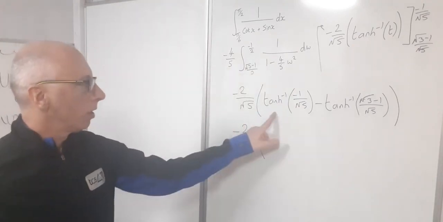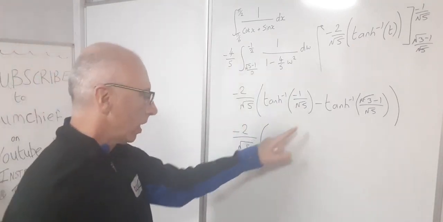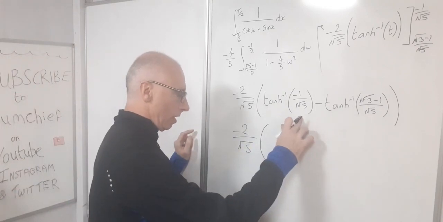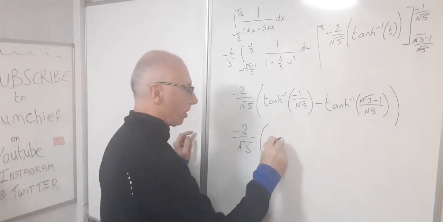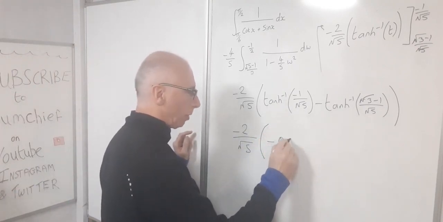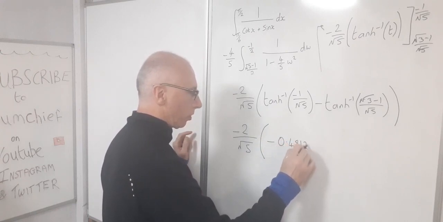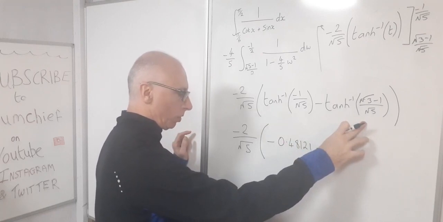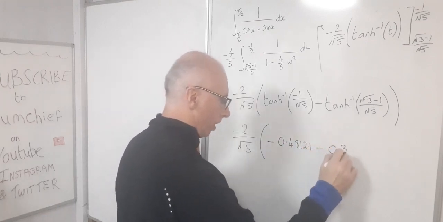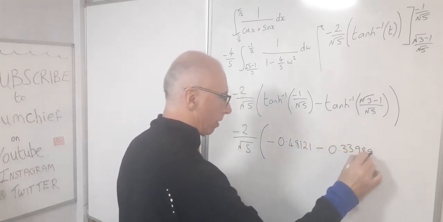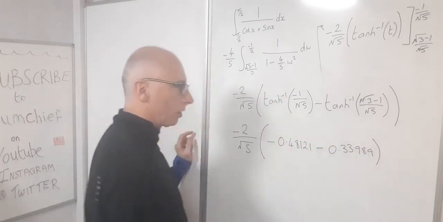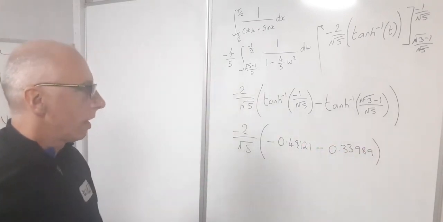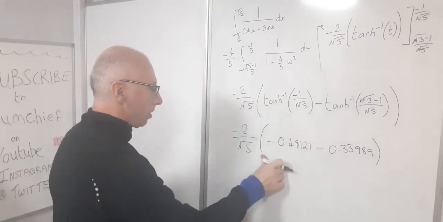So after plugging all these values in the calculator, this one here becomes, to 5 decimal places, 0.48121. And then we subtract this one here, which was 0.33989, also to 5 decimal places. Now simplify that off.